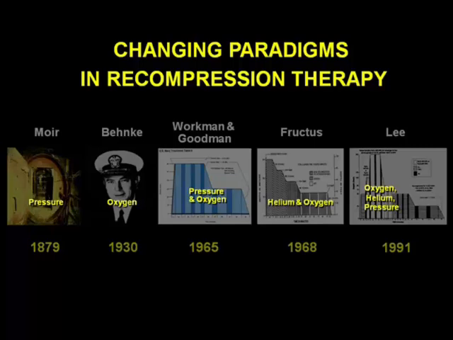Nevertheless, it was only after the work of Workman and Goodman in 1965 that oxygen and pressure were combined as a routine for the treatment of bubble-related disorders, which is relatively recent.